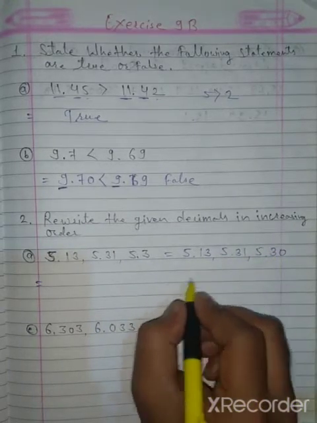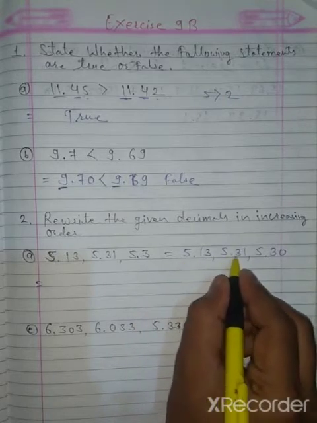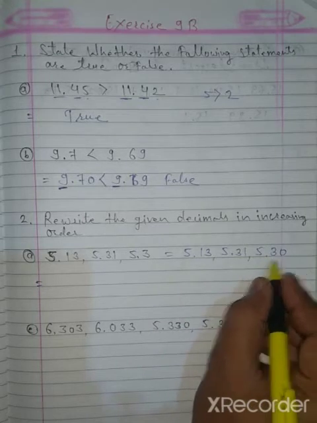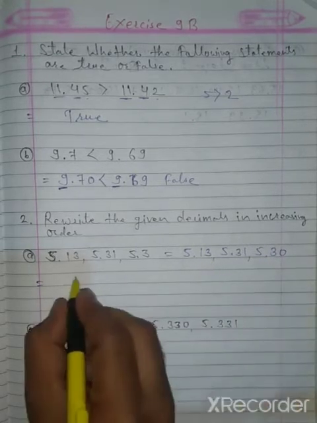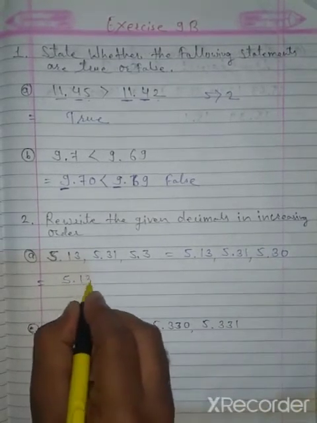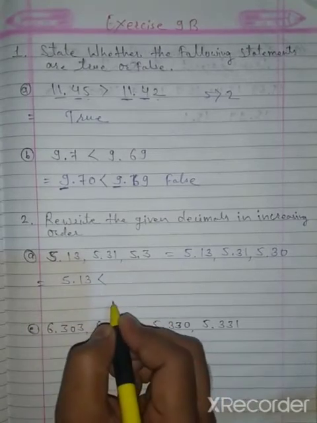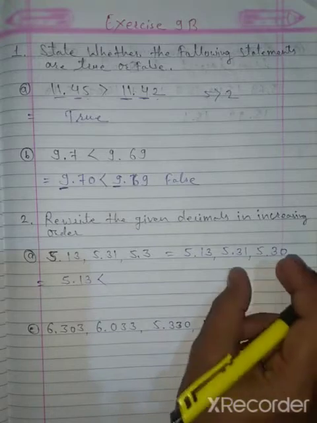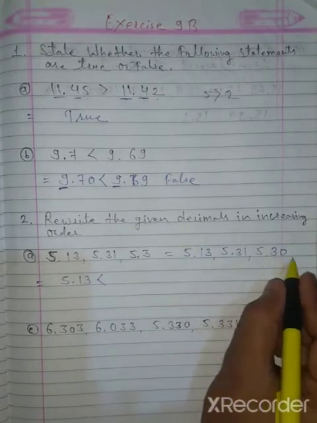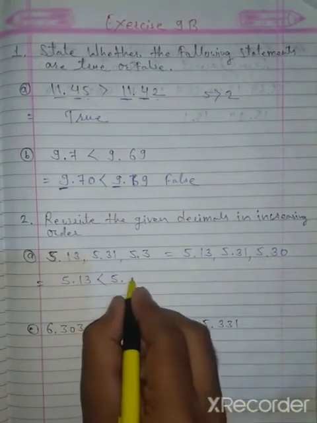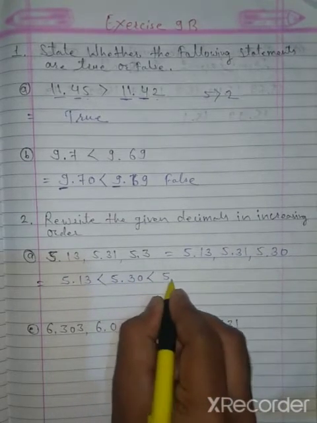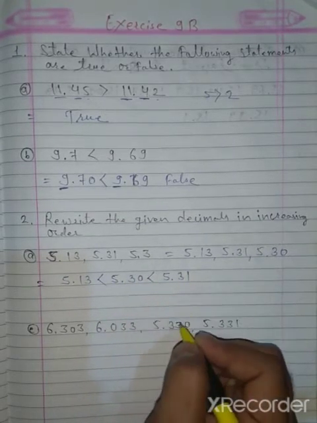Now check, all whole numbers are 5. Now 13, 31 and 30, so 13 is the smallest, so 5.13 is less than 31 and 30. 31 is greater than 30, so we'll write 5.30 is less than 5.31.